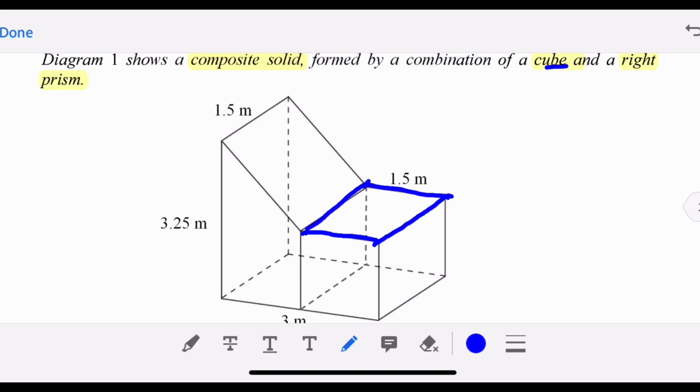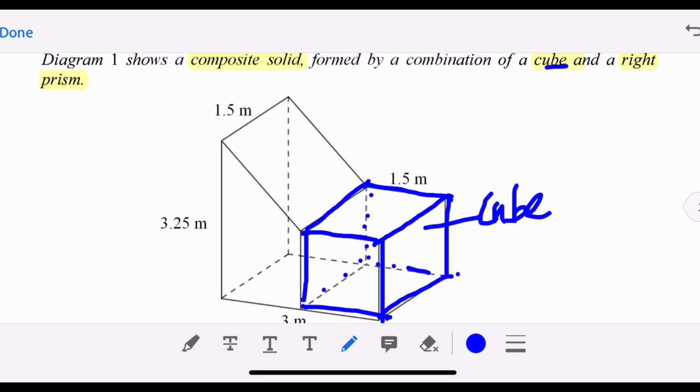So let's highlight the volume for the cube. We have to observe the shape of the solid, which is a cube, so all the sides are equal in length. I highlighted it in blue, and I'm going to find the volume for the cube. The volume for the cube is very simple, isn't it? You just take 1.5 meter.